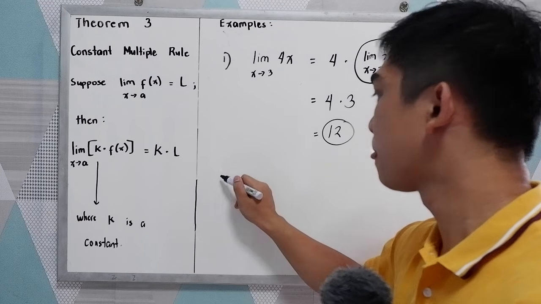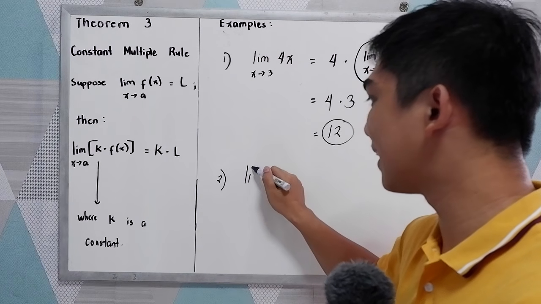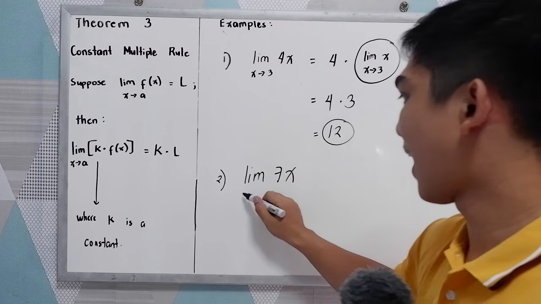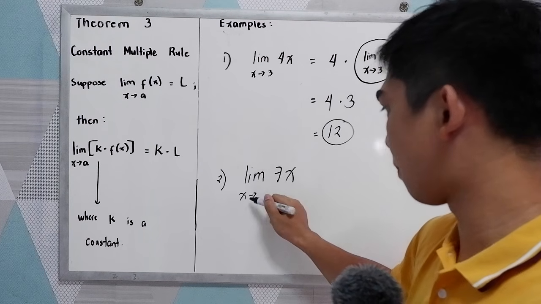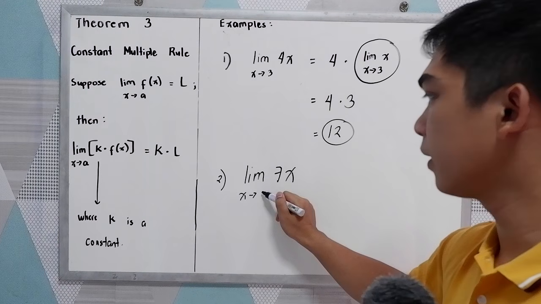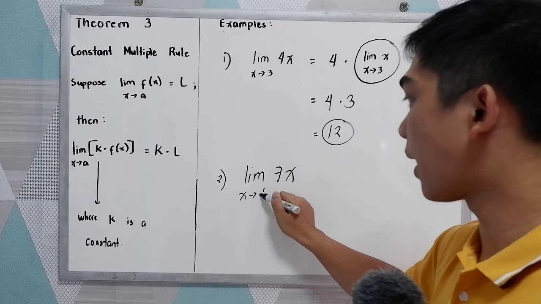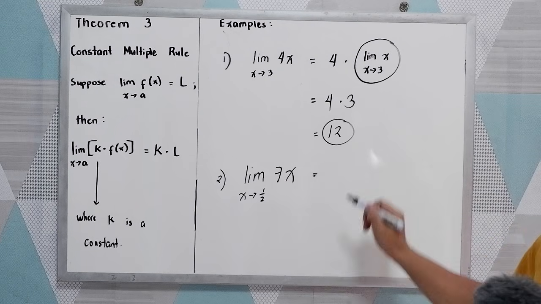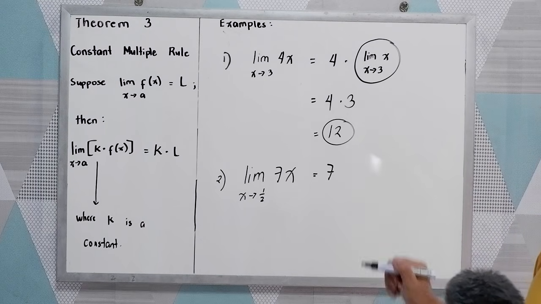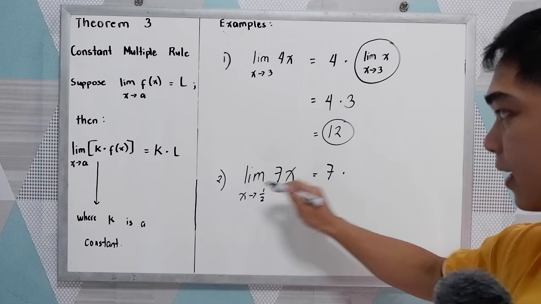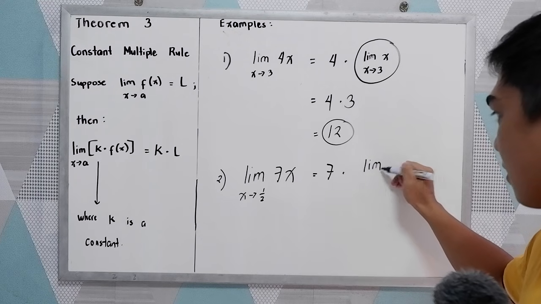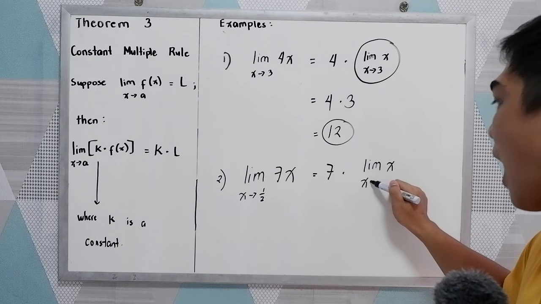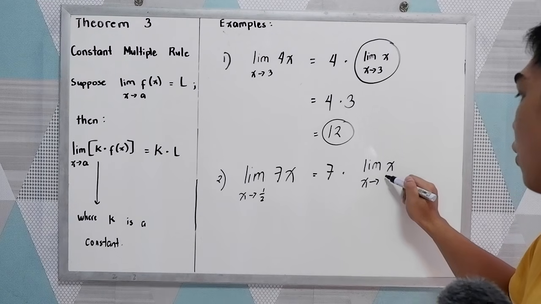Another example, let's say we have the limit of 7x as x approaches 1/2. So get the constant, that is 7, times the limit of x as x approaches 1/2.